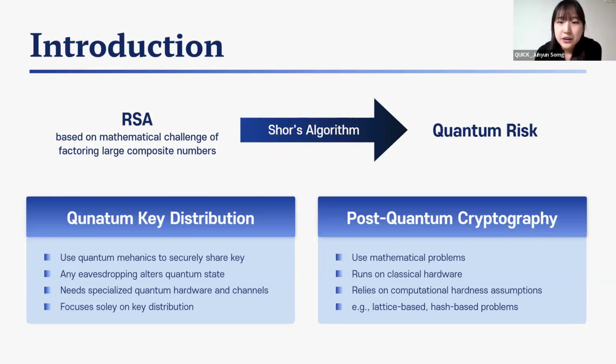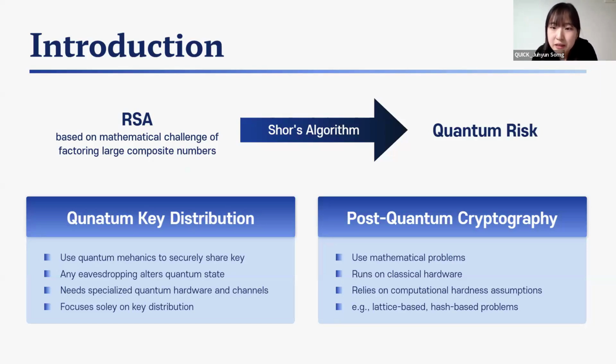I guess many of you here are already familiar with QKD, quantum key distribution, but for those who might be new to this field, I'd like to first introduce what QKD is and why it is necessary. Modern cryptography heavily relies on mathematical problems that are computationally hard to solve. For example, RSA encryption is based on the difficulty of factoring large composite numbers.